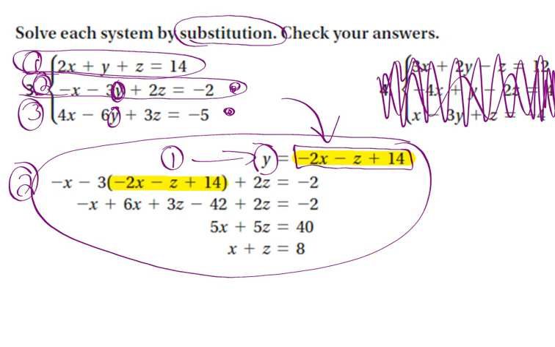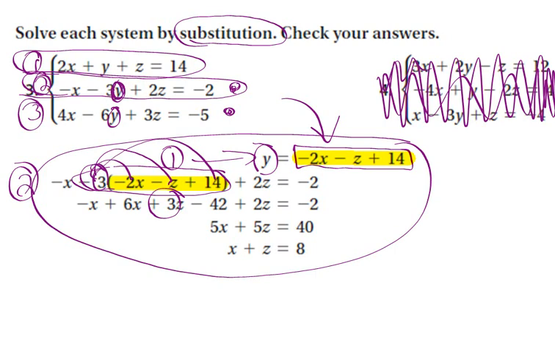Now in our next equation, they have just actually multiplied everything times negative 3. So they distributed the negative 3 times negative 2x. So that's going to be a positive 6x. Negative 3 times negative z is a positive 3z.